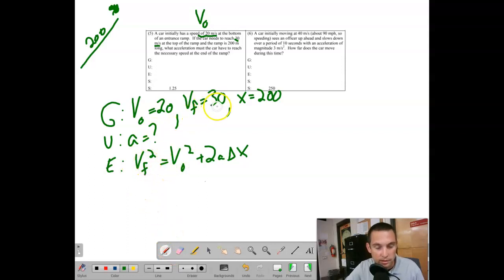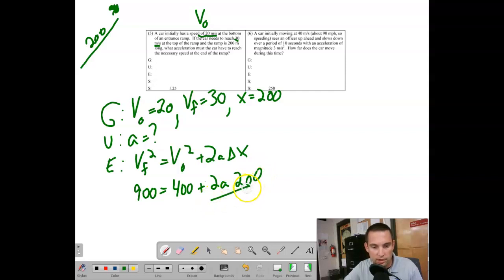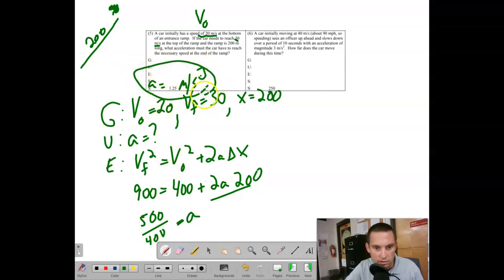Vf squared is 30 squared, so 900 equals 400 plus 2a times 200. 2 times 200 is 400. Subtracting 400 from each side, we have 500 over 400 equals a. That should give us an acceleration of 1.25 meters per second squared, always showing your units.